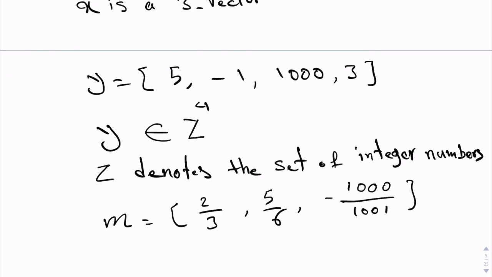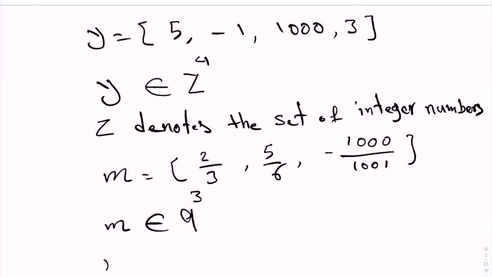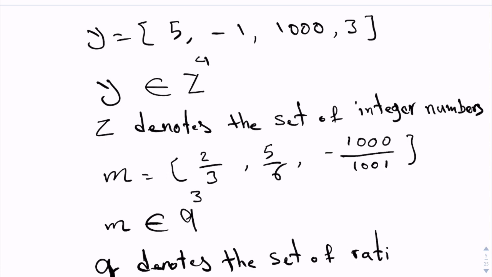If you want a compact form to show the type of elements and the number of elements, then m belongs to Q3, where Q denotes the set of rational numbers.